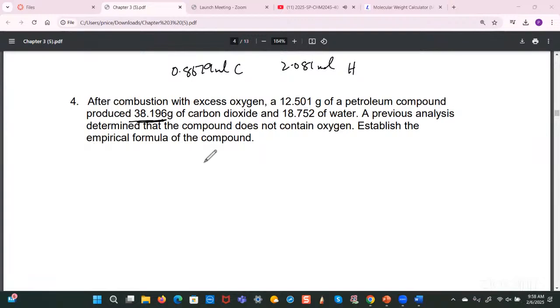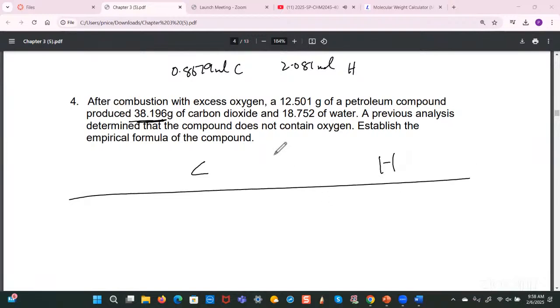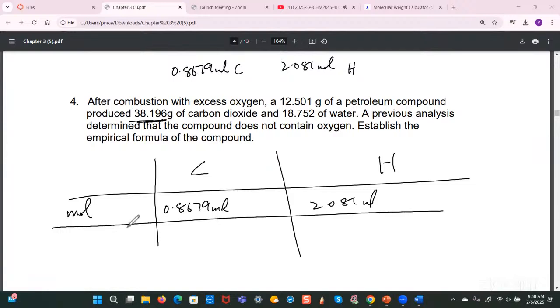At the top, I'm going to have carbon and hydrogen. And these would be the mole values. 0.8679 moles, 2.081 moles. And then I would divide by the lower mole value. So divided by 0.8679 moles.